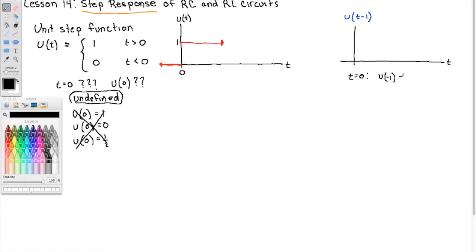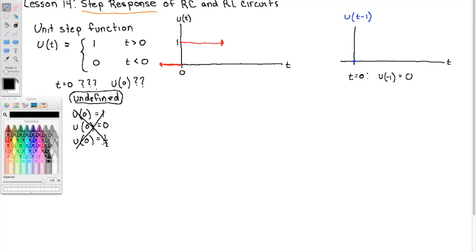Well, what's u of minus 1? U of minus 1 is, again, defined as 0. For when the time is negative, it's defined as 0. So now we have the point t equals 0, 0. So we've got this point right there.